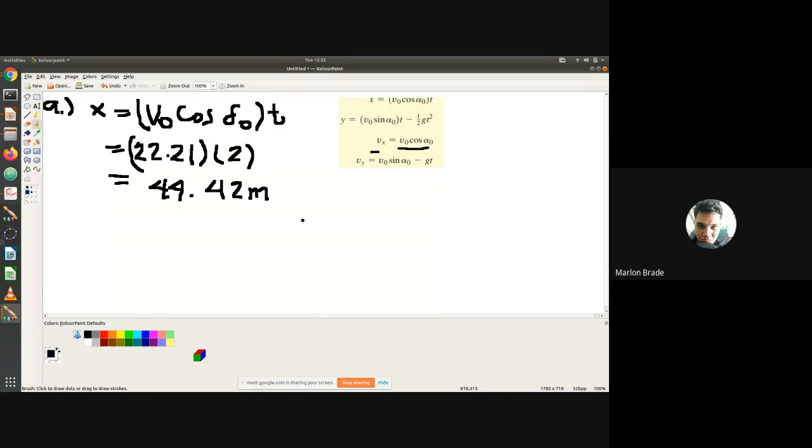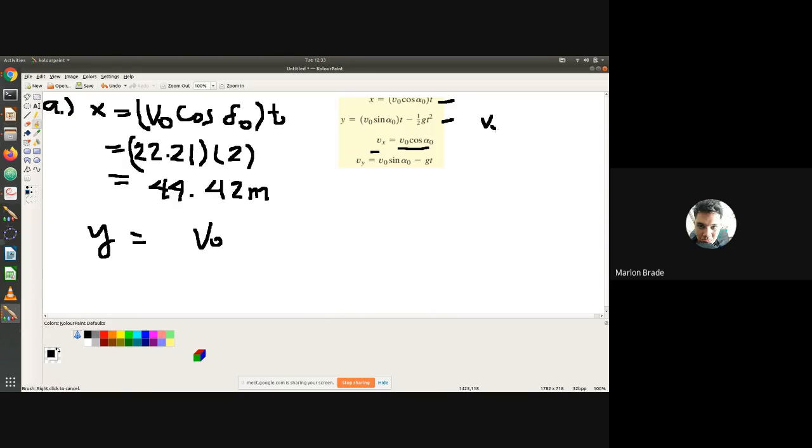Okay? So since this is two-dimensional and we are asked what is the position, therefore, next is y. So y is equal to v naught sine alpha naught t minus 1/2 g t squared.